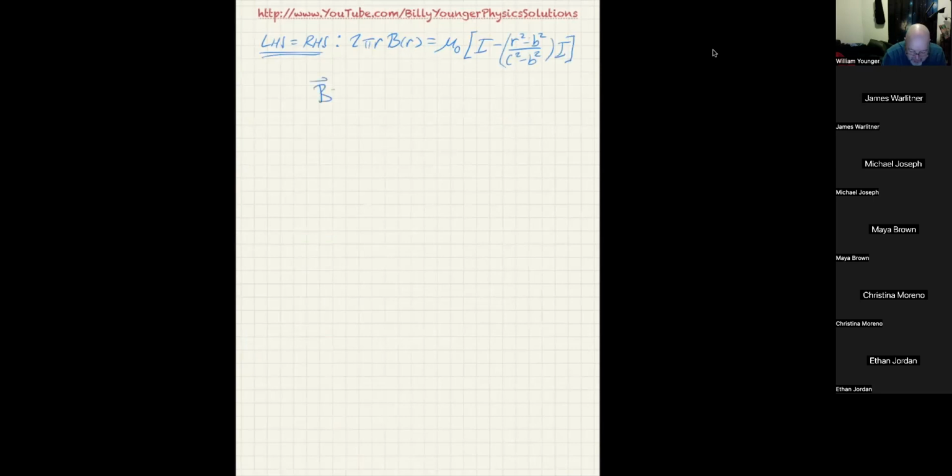That gives me that the magnetic field, at least where we're talking about, is mu 0 I over 2 pi r times, after I factor out the I from both sides, 1 minus (r squared minus b squared) over (c squared minus b squared).